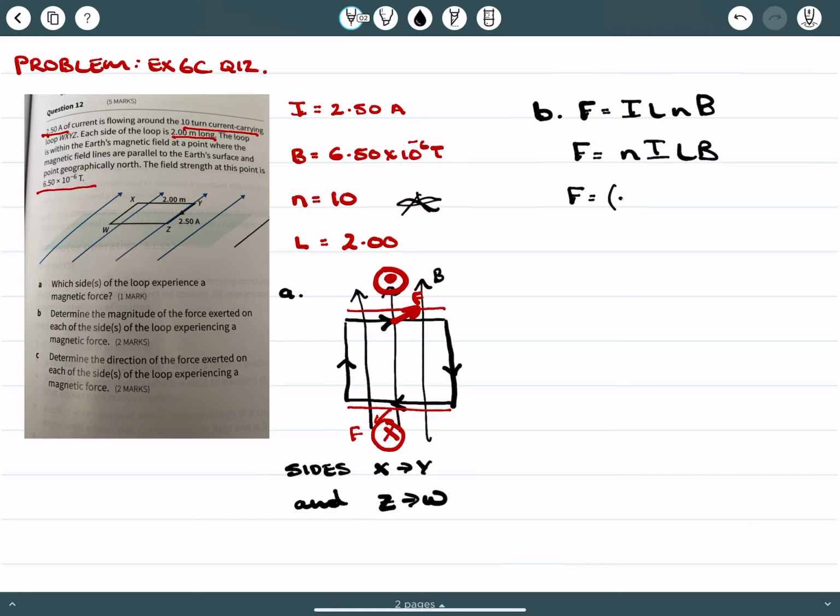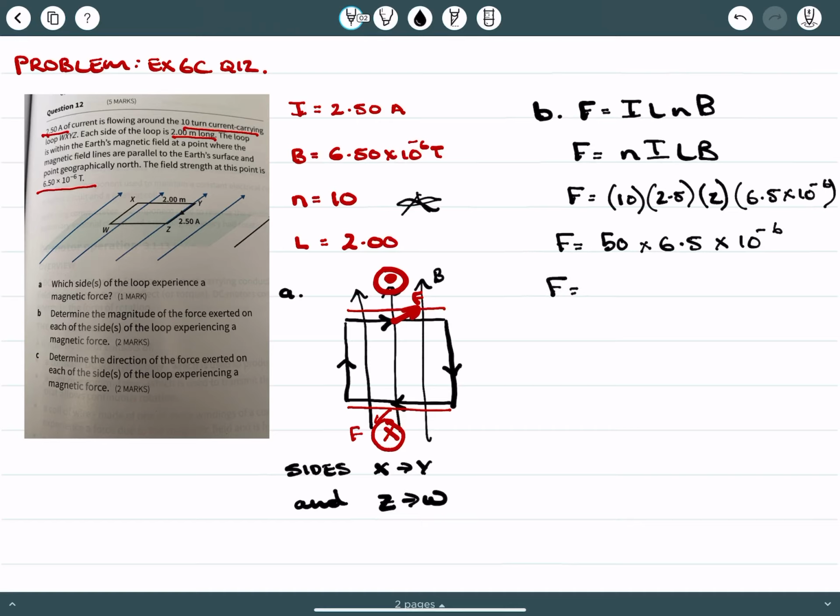Number of turns 10, current 2.5, length 2, and 6.5 times 10 to the negative 6 as our field strength. 2.5 times 2 is 5, times 10, so I'm going to have 50 times 6.5 times 10 to the negative 6.